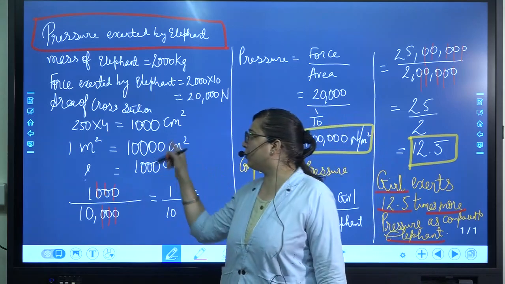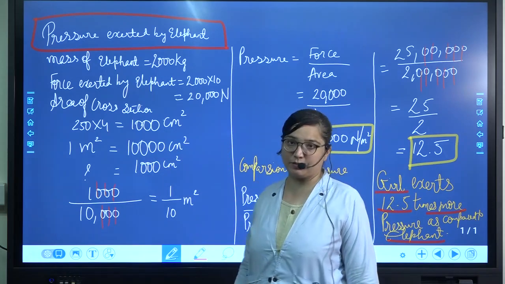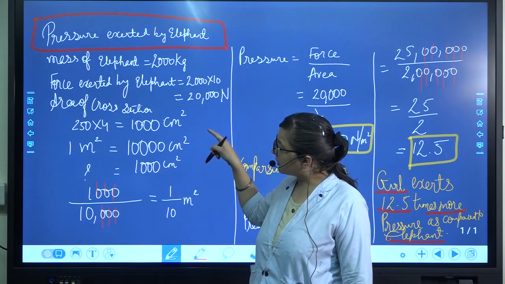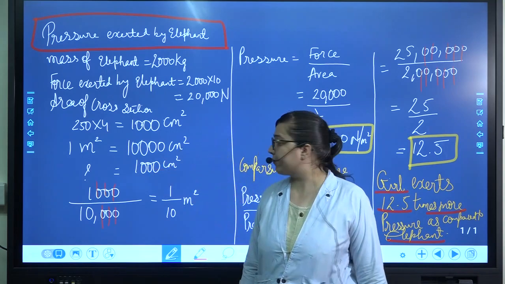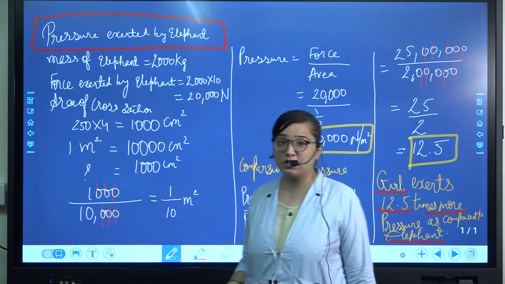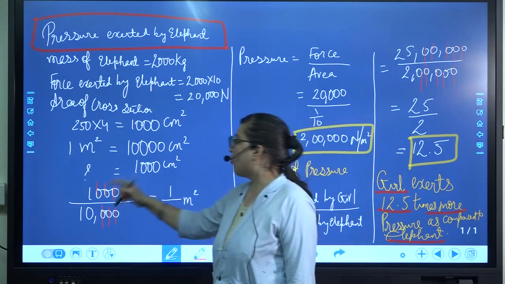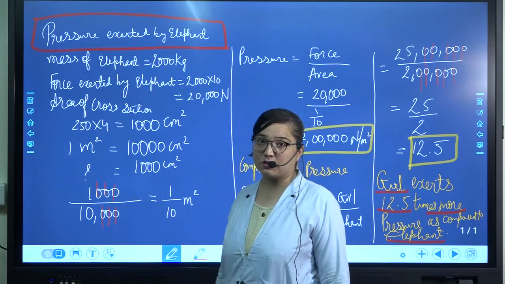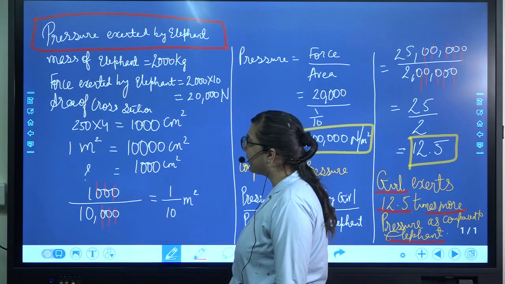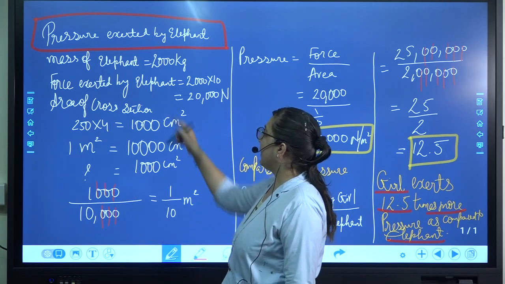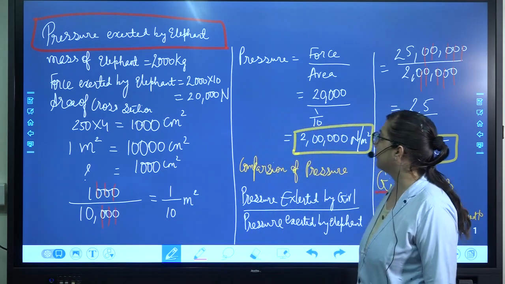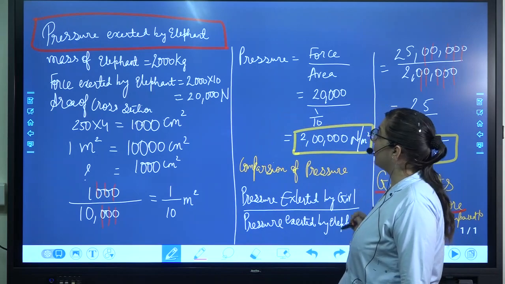So 250 into 4, that is 1000 centimeters square. 1 meter square is 10,000 centimeters square. So how many meters square will be 1000 centimeters square? 1000 upon 10,000. 3 zeros will be cancelled out, and you have the area of cross section as 1 upon 10 meter square.